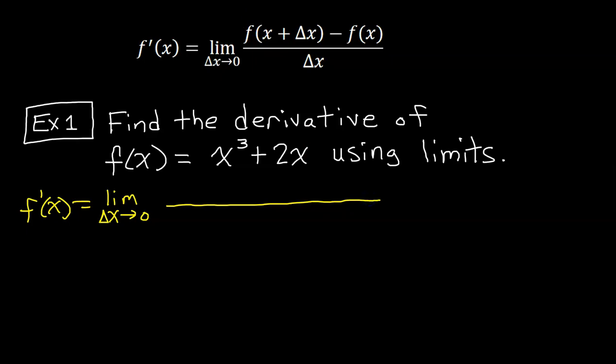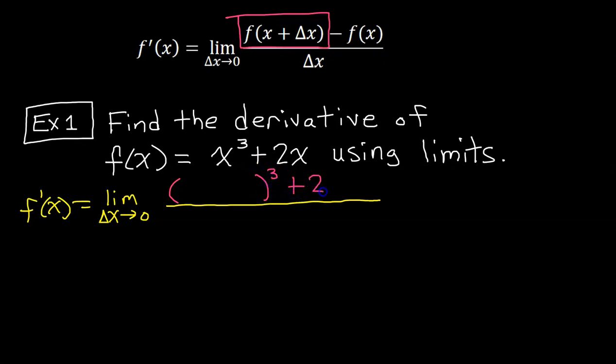All right, so we have this part of the function right here, f at x plus delta x. That means we're going to take x plus delta x and substitute it into the function. So notice the function is x to the third power plus 2x. So I'm going to do x to the third power, but instead of x, I'm going to put parentheses.